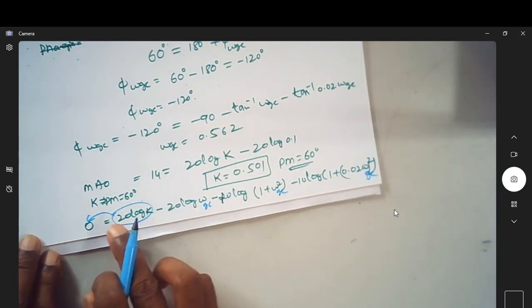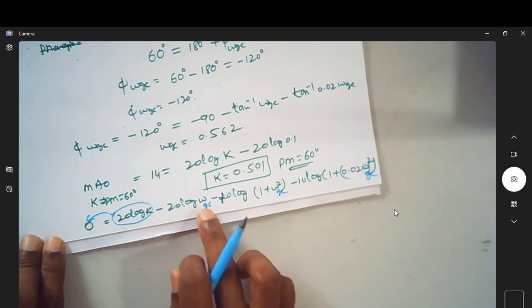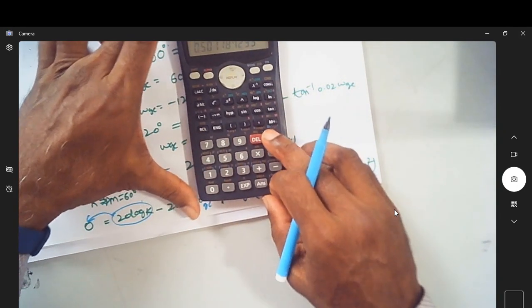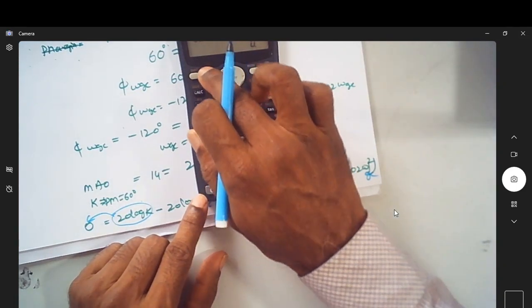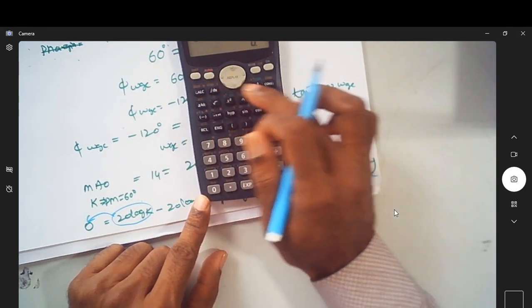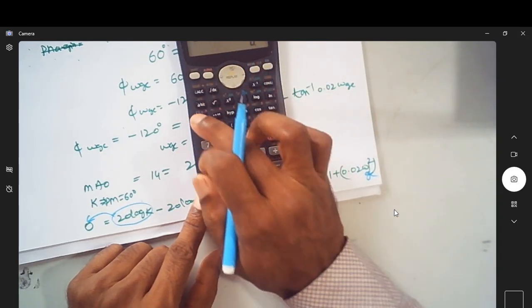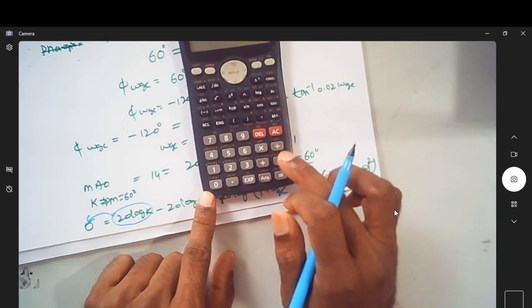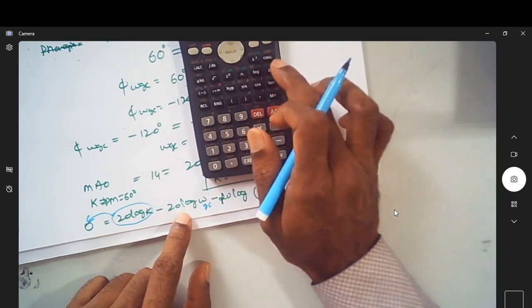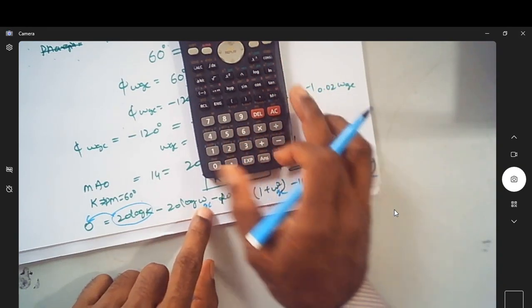Now this is the only unknown. I know the rest, so if I bring it here, I get 0 equals 20 log K minus 20 log of omega GC.